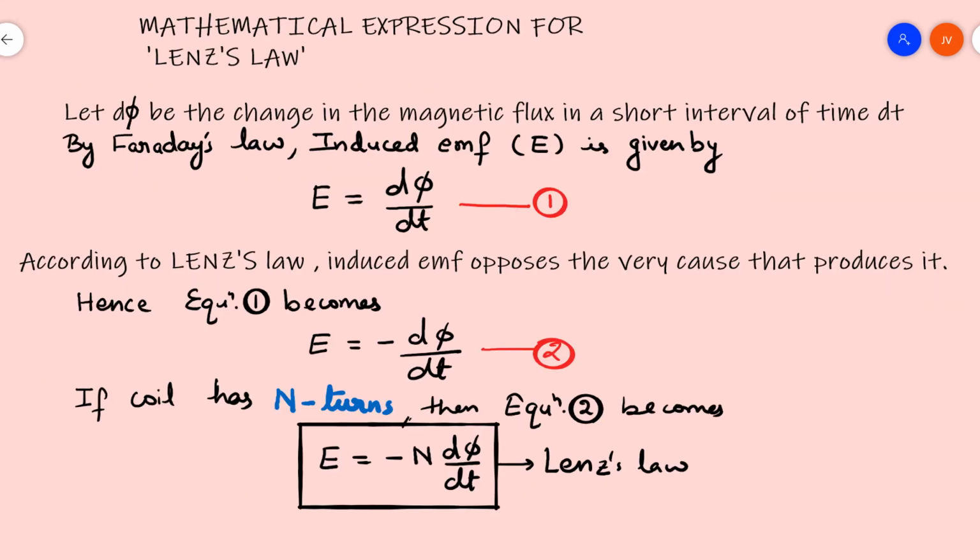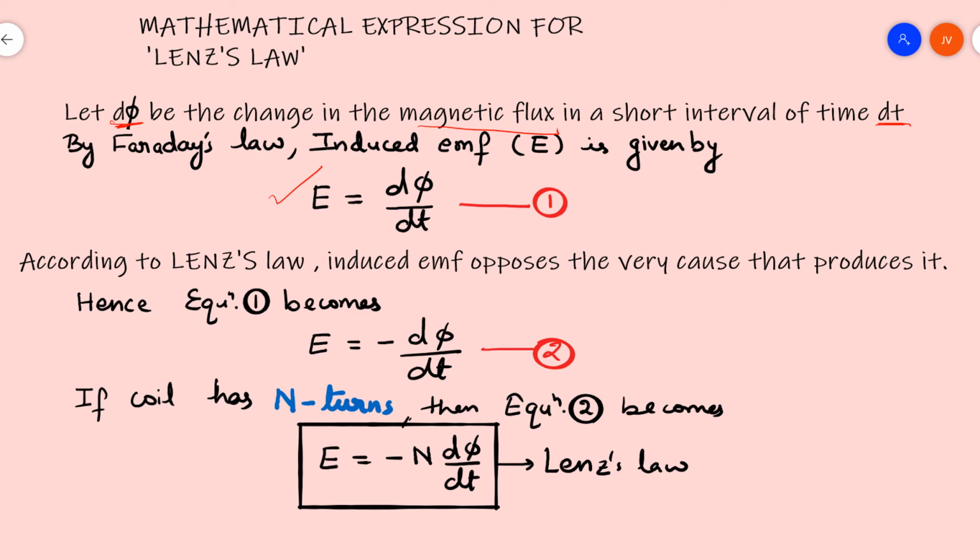Let us understand the mathematical expression of Lenz's law. Let d phi be the change in the magnetic flux for the short interval of time dt. Then by Faraday's law, induced EMF is given as E is equal to d phi by dt. We have learnt Faraday's laws in the previous video.